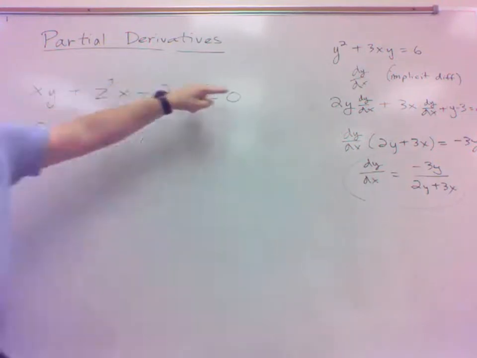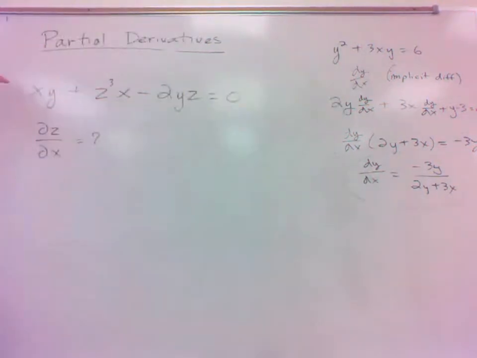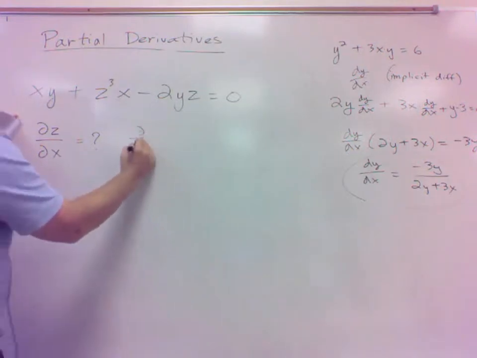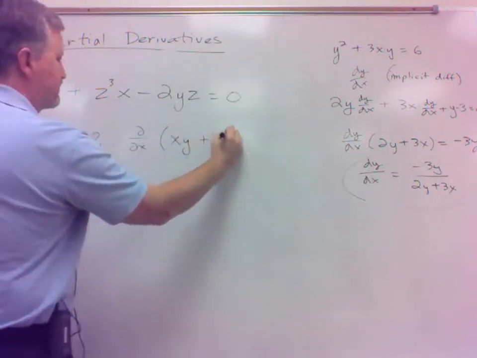So over here, basically what I did is I took d/dx of both sides. Well, if I take the partial derivative with respect to x over here, what happens? So I'm going to do the partial with respect to x of xy, z cubed x.